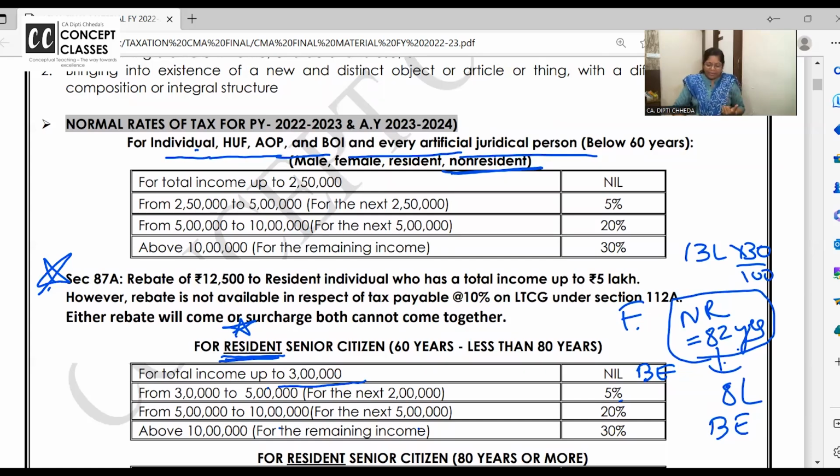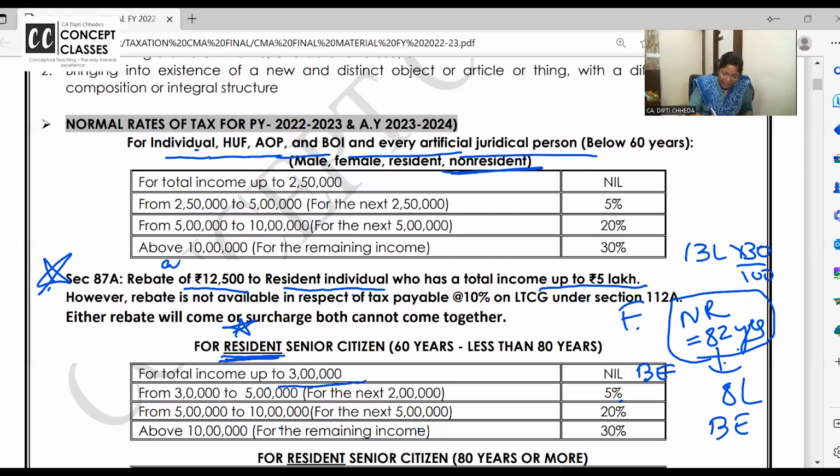Now, why will you get rebate? If the total income of resident individuals, non-residents don't get rebate. Super point for your topic called DTA. Non-residents don't get rebate. Resident who has total income up to 5 lakh will get maximum tax rebate up to 12,500.